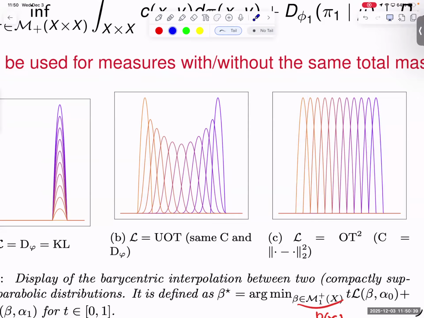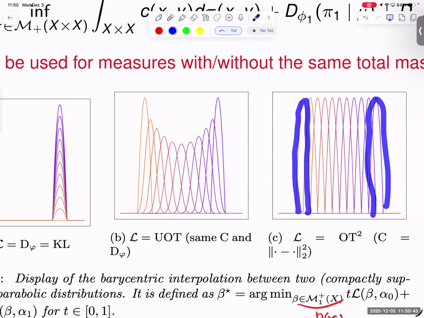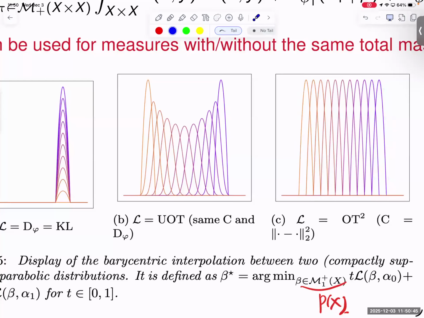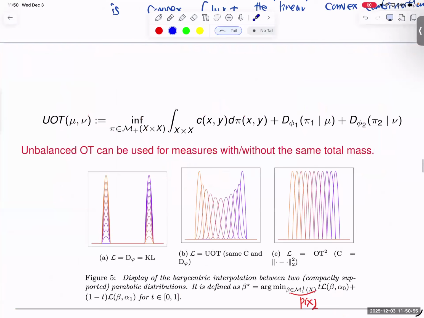If you do displacement interpolation between this measure and this measure, which is just a translation of this measure, then the displacement interpolation is nothing but the translation. You just move. And if these weights are much bigger than this, so that you can ignore this, and you only consider this, then such displacement interpolation is just this one.